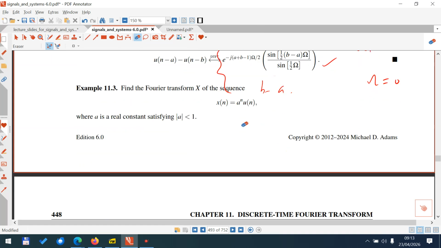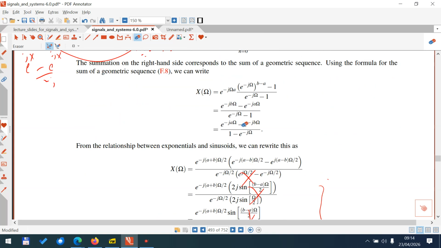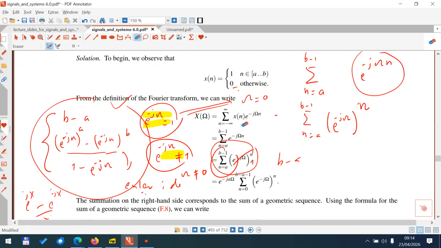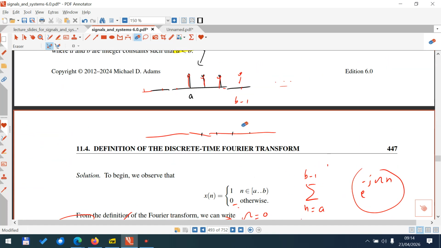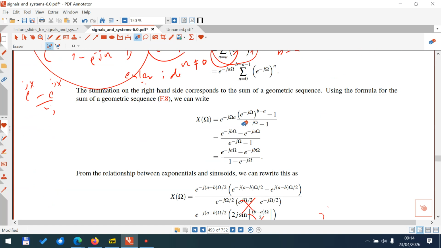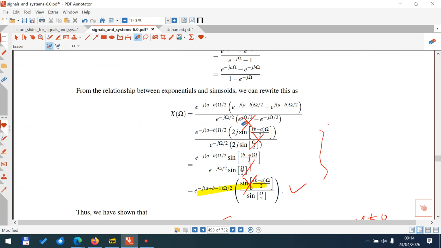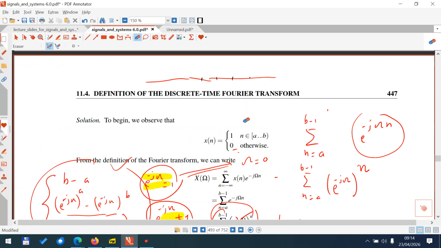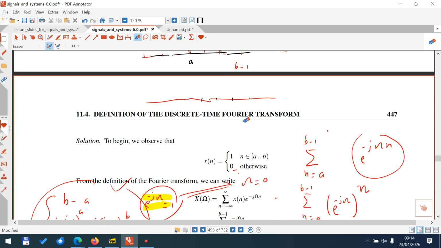Now here in the example 11.3, are there any questions in the first example? Think about it. Because the sum here was finite, you can easily say that this was the classical transform, right?